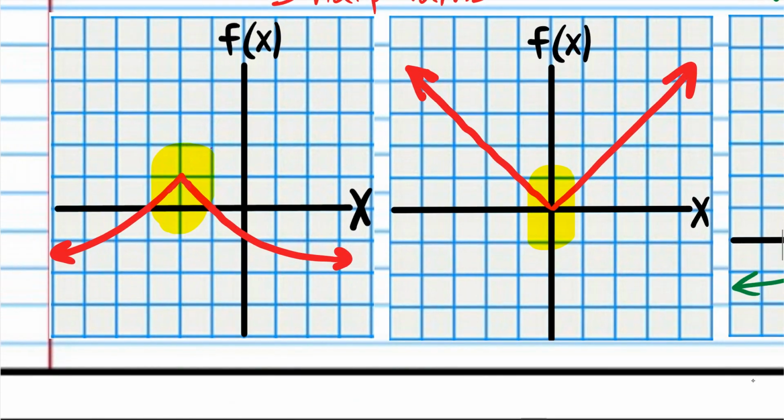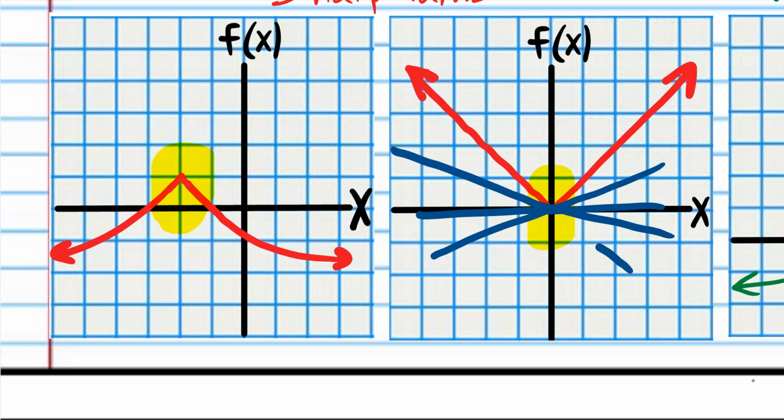Same is true down here. We can draw a line that's tangent to the graph at that point there. We can also draw a tangent line there, or a tangent line here, or a tangent line here. There's just an infinite number of tangent lines that we can draw. So what is the instantaneous rate of change of the function when x is equal to 0?